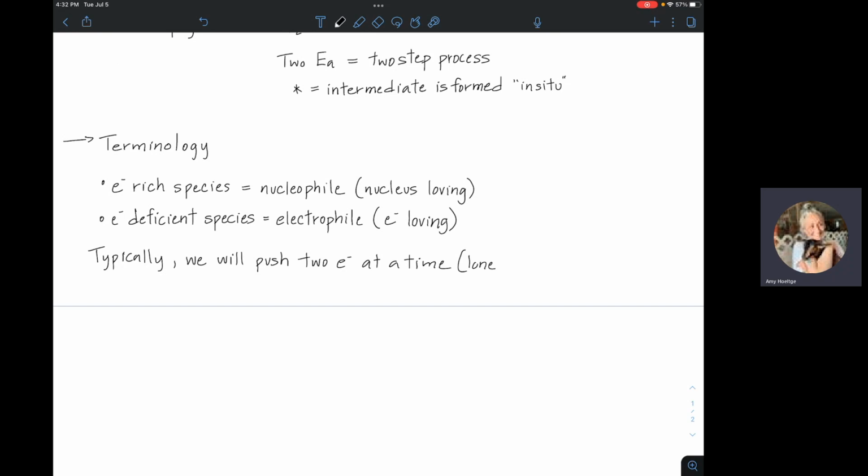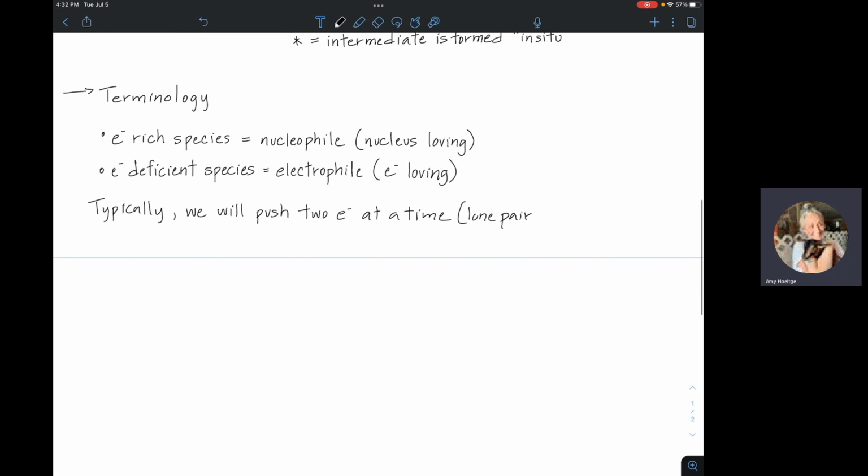So a lone pair on an atom like a nitrogen or an oxygen or a sulfur or whatever, or electrons in a pi bond. Sometimes you can push one electron at a time. And when that happens, we call that a free radical transformation. So typically we're going to be pushing two electrons at a time. And when we do that, we use a double-headed arrow.